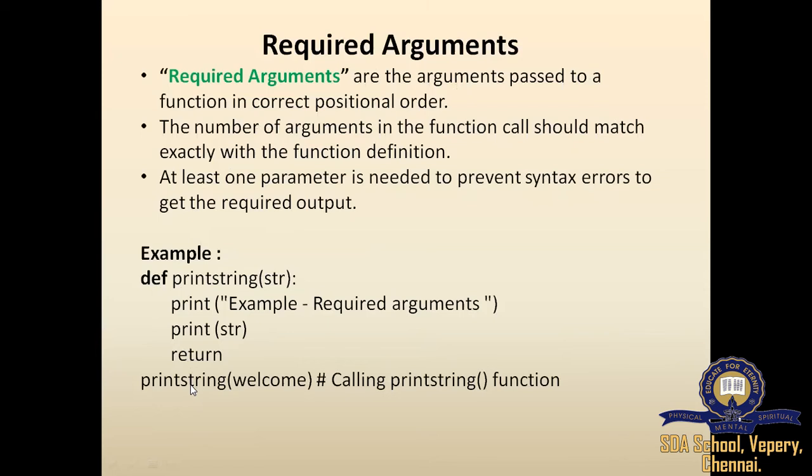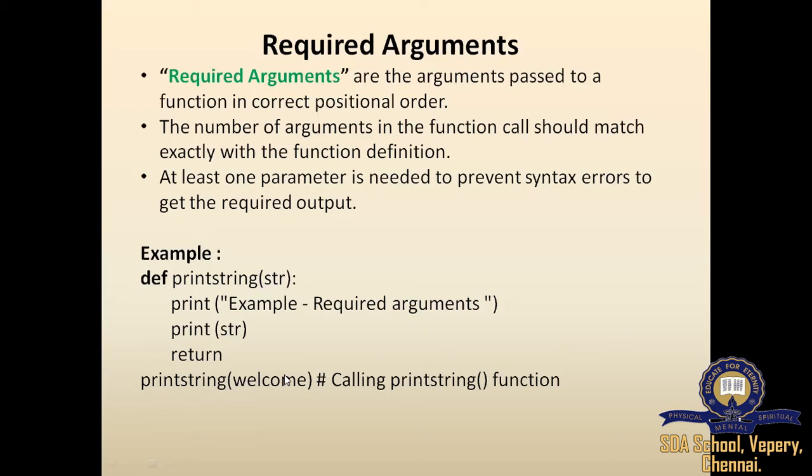Now look at an example here. The name of the user-defined function is print string. I am calling this function print string. I am passing the argument welcome. This argument welcome will be substituted to the parameter str defined in your user-defined function.